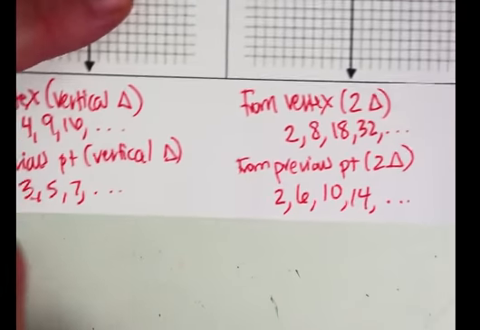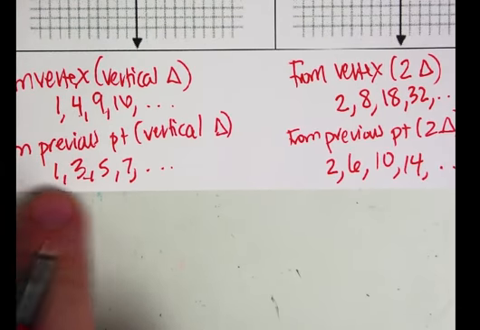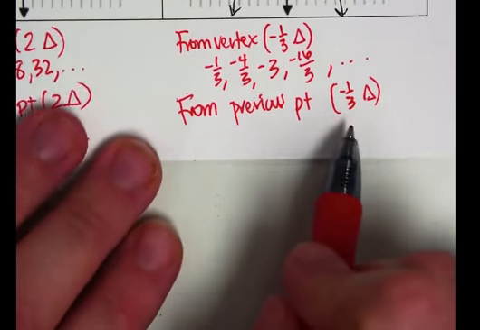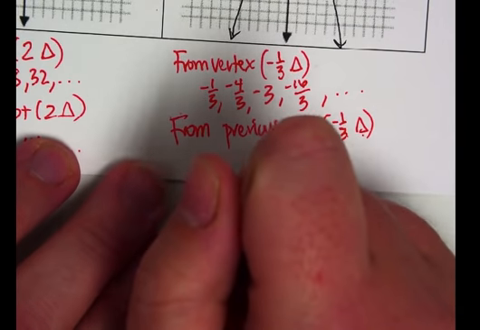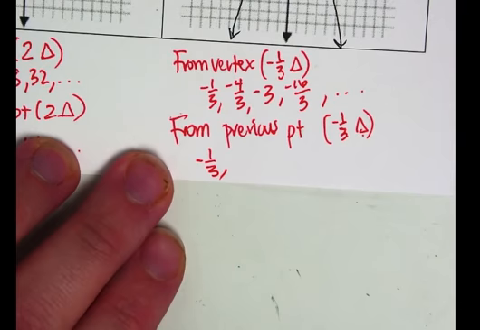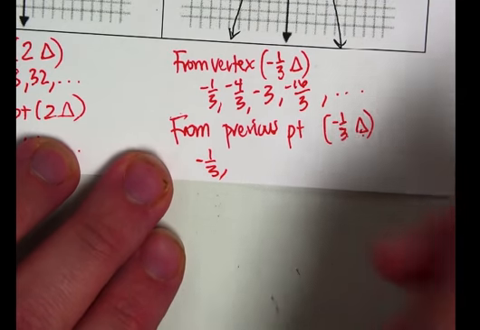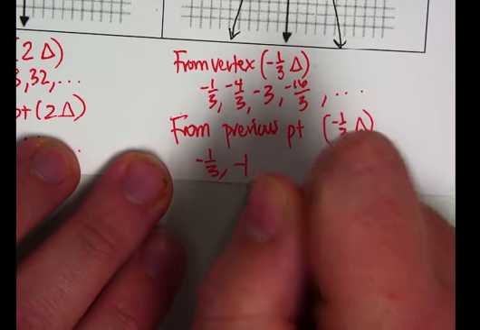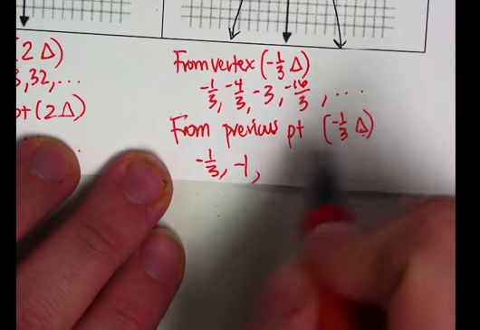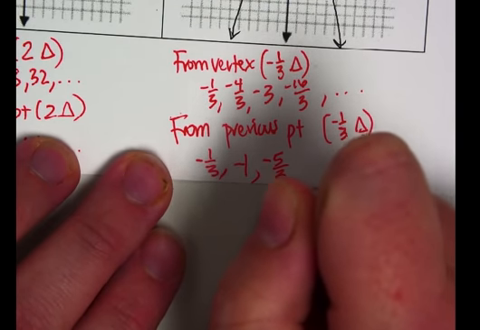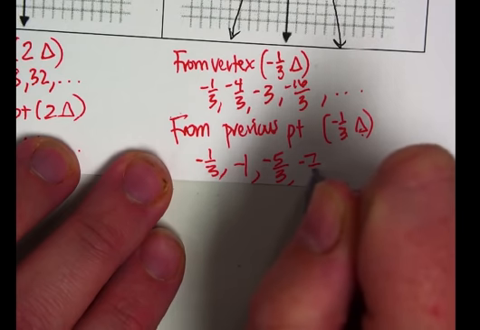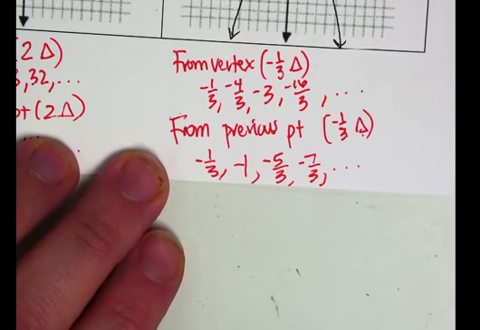So back with the original x squared, it was 1, 3, 5, 7. So we would take 1 times negative 1/3, 3 times negative 1/3, 5 times negative 1/3, 7 times negative 1/3, and so forth.